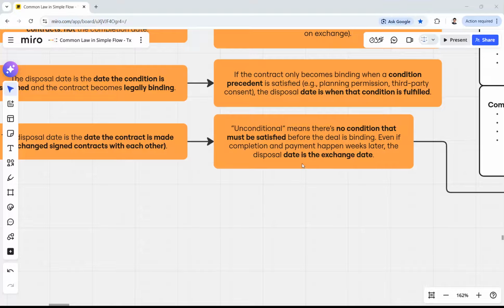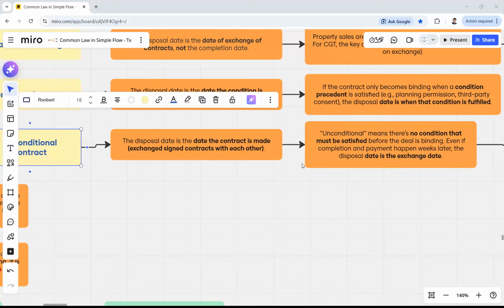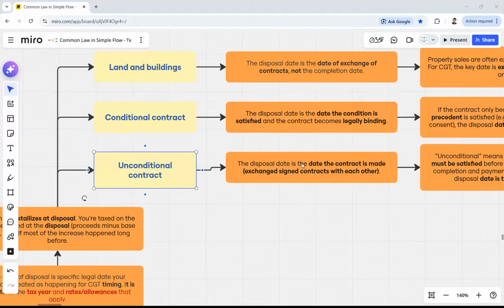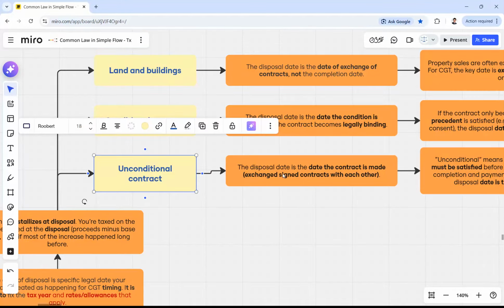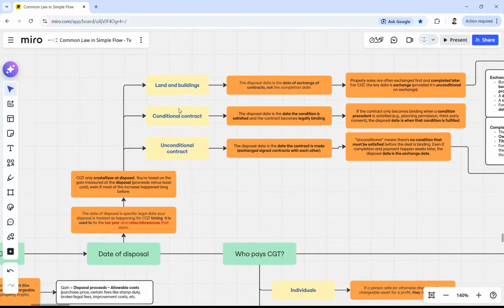The disposal date is the exchange date. Basically, exchange is when you are exchanging the contract, and completion is when you complete the deed of the contract, and the payment also happens later. So for us, if the contract is not conditional and it doesn't say only when this happens, then the contract will be considered as executed.